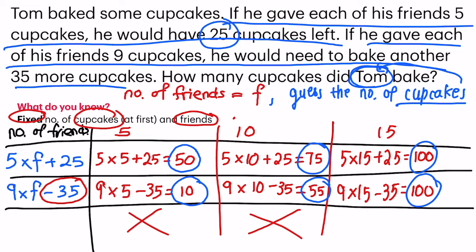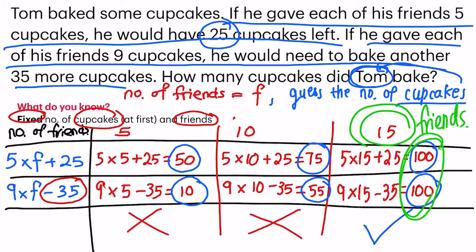So we know our answer is correct. And the number of friends that Tom gave the cupcakes to is 15. And as for cupcakes, since we have guessed correctly, for both scenarios, there are 100 and 100. So the number of cupcakes that Tom baked is 100.